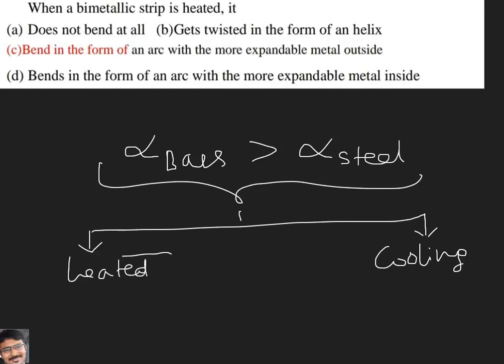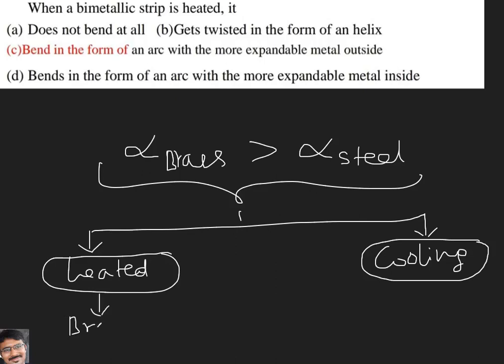So what will happen if the bimetallic strip is heated? What will happen if the bimetallic strip is cooled? I told that there are two materials, one is brass, other one is steel, and alpha brass is greater than alpha steel. If it is heated, brass expands more than steel.